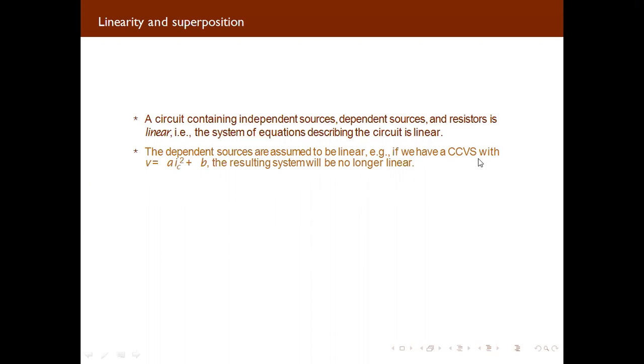If we have a CCVS, it means a current controlled voltage source with voltage equal to A I plus B, where A and B are constants. If we have an equation like A I square plus B, the resulting system will no longer be linear. It means that only if the system is linear can we apply the principle of the superposition theorem.